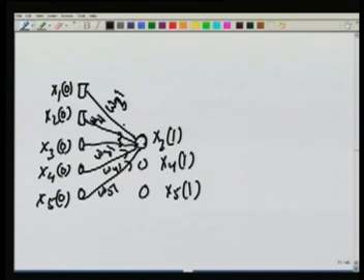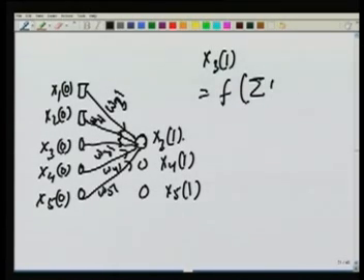So, the forward response x3 1 is a function of summation w3i xi 0.